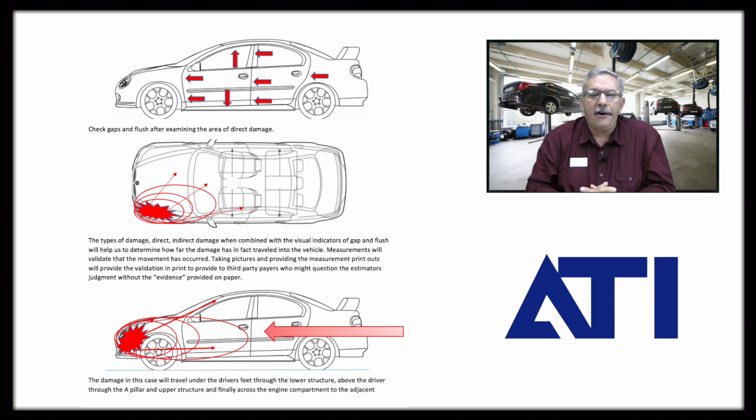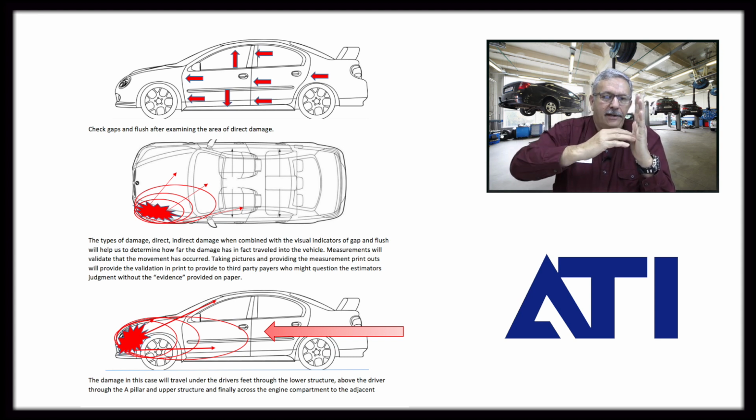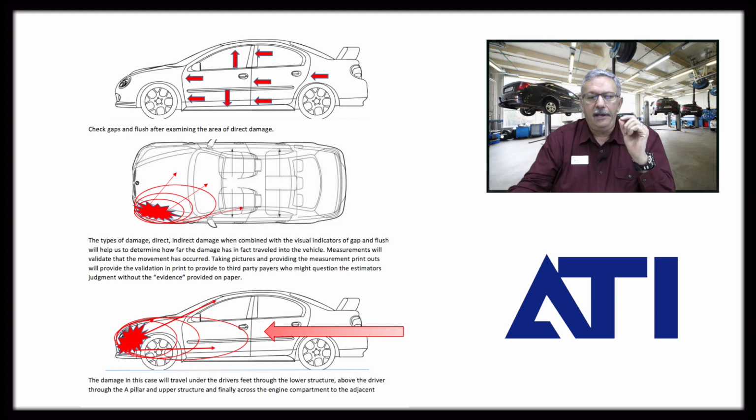The thick red arrow is showing you that you've got to remember that the back of the car, once the front stops, is going to try and catch up to the front until the energy dissipates enough so that the vehicle stops moving. And that's going to happen 100% of the time. That crash pulse is going to occur. 100% of the time, the area away from the impact will try and get to the area of the direct impact. And so we'll cover that more as we go through the program.